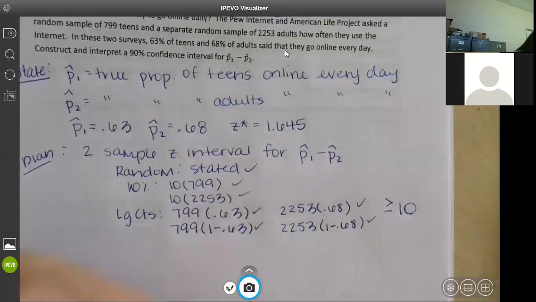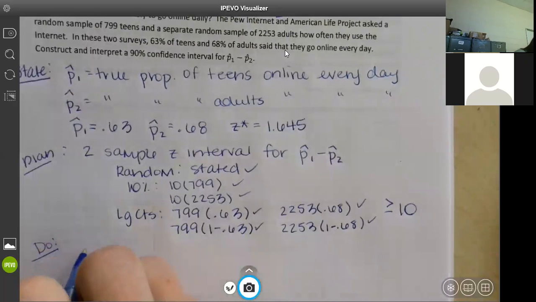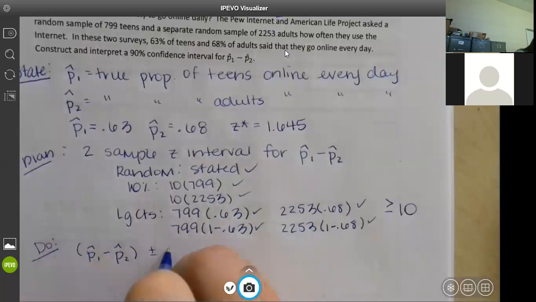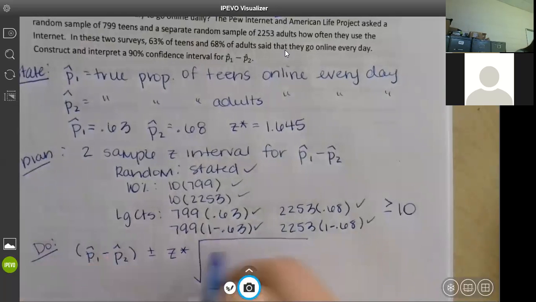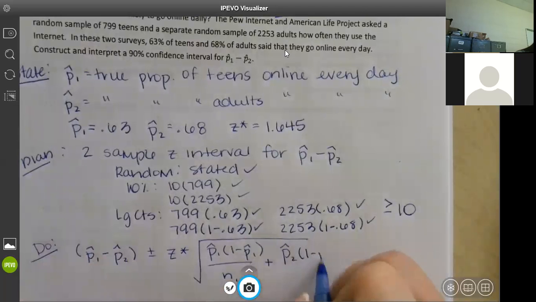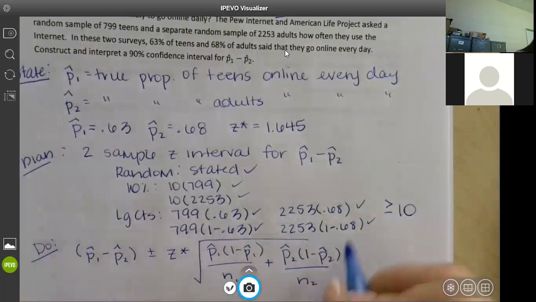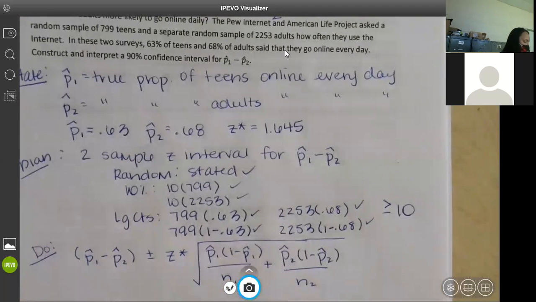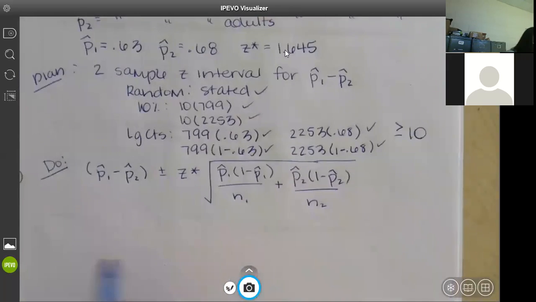All right, what do I do now? We have p hat 1 minus p hat 2 plus or minus z star times the big fat square root of p hat 1 times 1 minus p hat 1 over n1, make sure it's plus, p hat 2 times 1 minus p hat 2 over n2. Put all those values in.